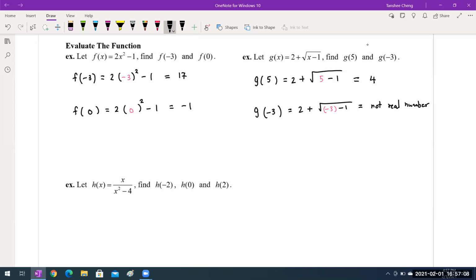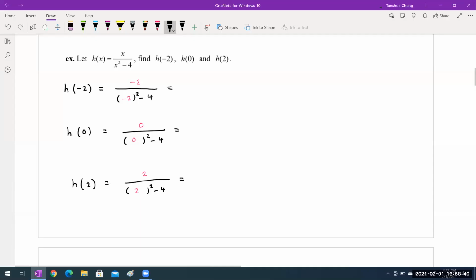Now, let's take a look at the next example, example number 3, evaluating rational functions. We're going to evaluate at -2, 0, and 2. When evaluating at -2, in the denominator, -2 squared plus -4 gives you 0. So it'll be -2 over 0, and we know that this is undefined.